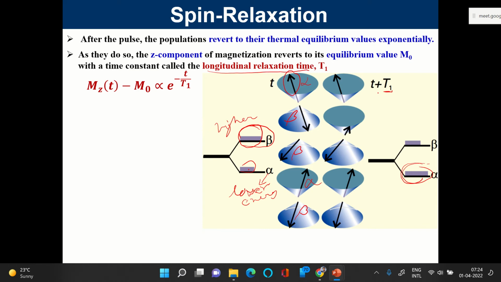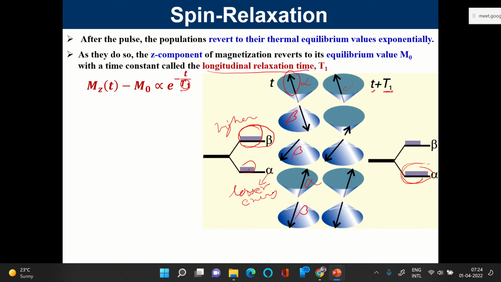Now you see after t plus t1, that means after time t1, some of the spins are relaxing back to the alpha state, so you now have more alpha.